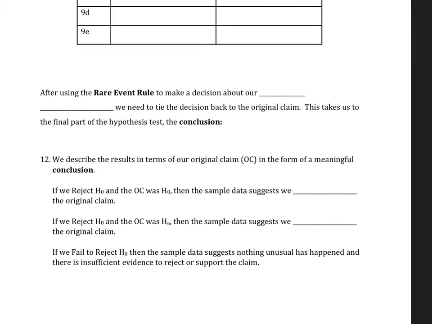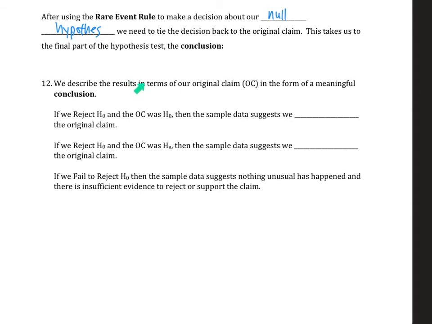All right, and let's look at the next part. So what happens after we make our decision? After using the rare event rule to make a decision about our null hypothesis, we need to tie the decision back to the original claim. This takes us back to the final part of the hypothesis test, the conclusion. We describe the result in terms of our original claim in the form of a meaningful conclusion.